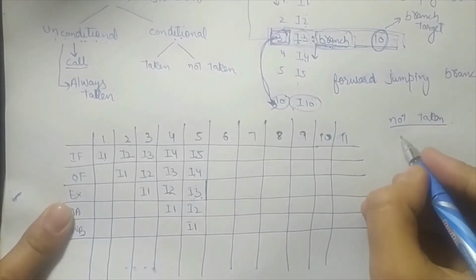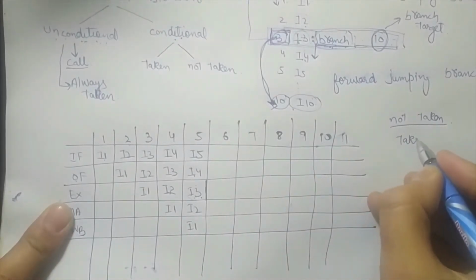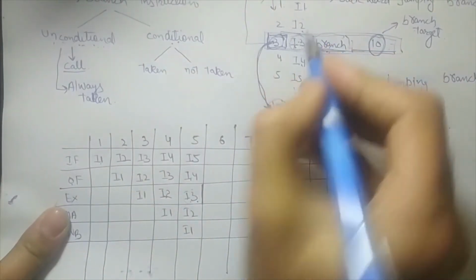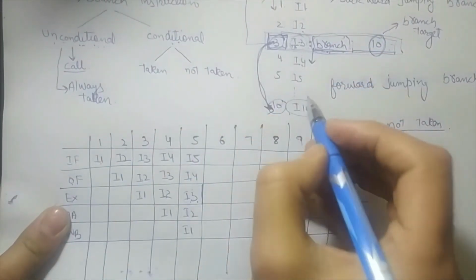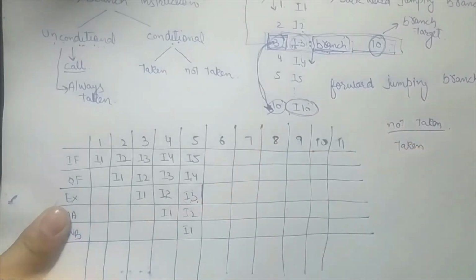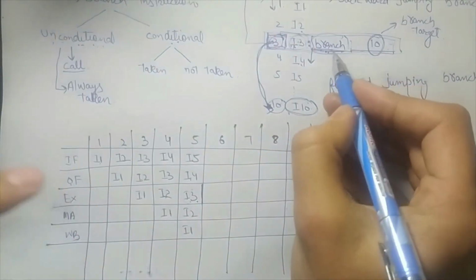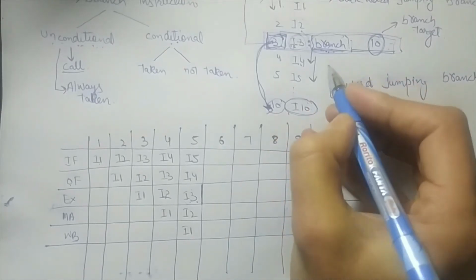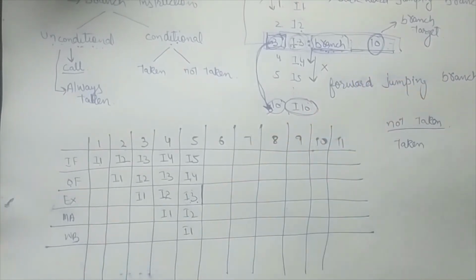Now let us see if the branch is taken. Which branch is taken? I3 branch is taken. Then what should be the next instruction? I10 should be the next instruction. So if the branch is taken, should we execute these instructions? No, we should not execute these instructions.